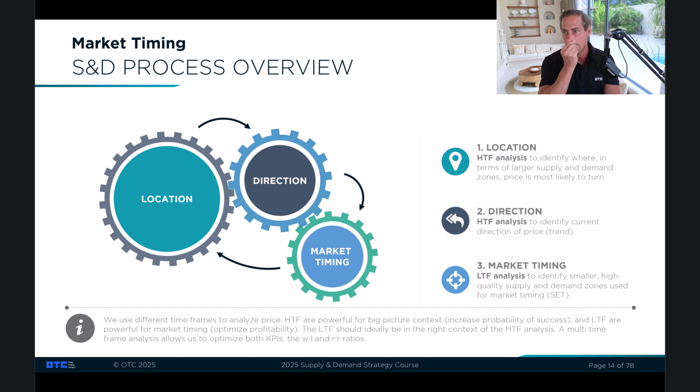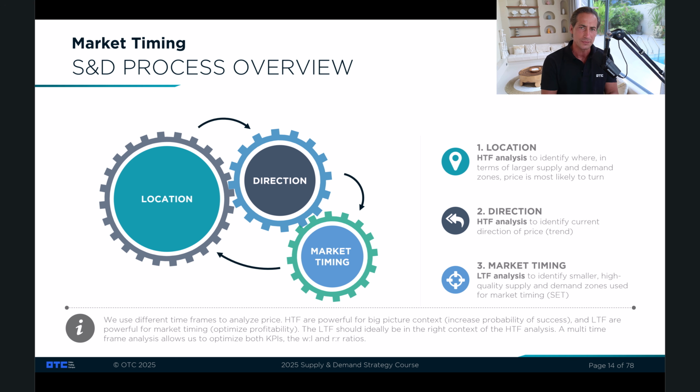All right, so a small recap here of our supply and demand three-step mechanical process. We've already covered 2 out of 3 steps. Step number 1, identify location on the higher time frame. Once done, you go to step 2, identify direction, aka trend on the higher time frame.